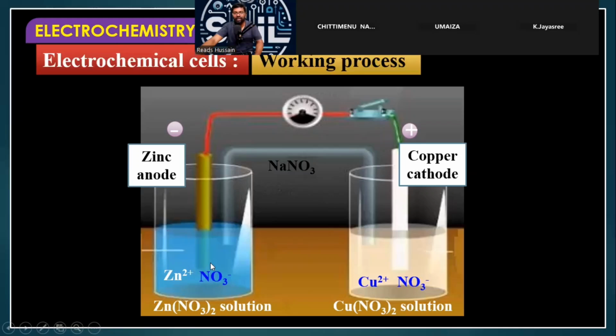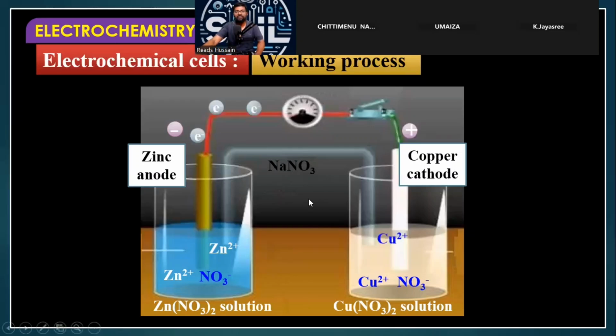Here there will be more positive and less negative charges. Like this, there will be imbalance in the charges. To balance the charges, this sodium nitrate will neutralize both the solutions, that is cathodic solution as well as anodic solution.